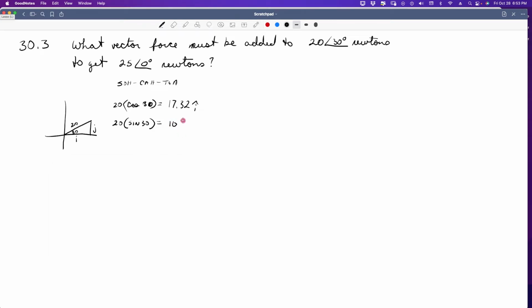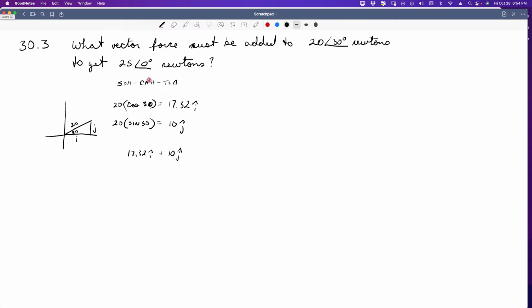So 10 J. So there's our initial rectangular coordinate for 20 newtons at 30 degrees. So we have 17.32 I plus 10 J.